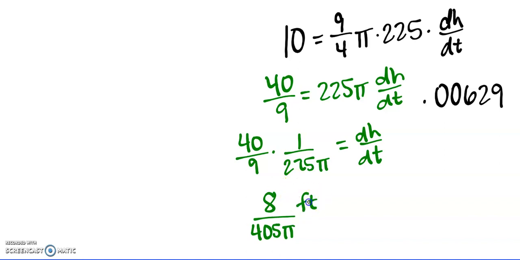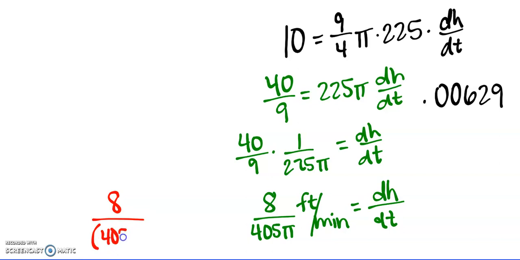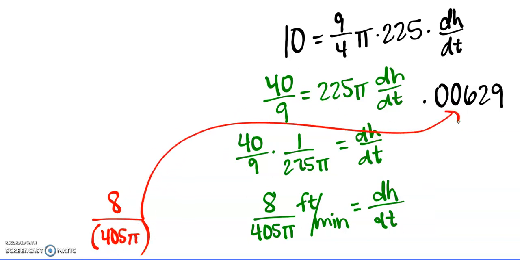This is going to be in feet per minute because we're talking about dh, and h would be measured in feet, dt, time is measured in minutes. If you were to put this in your calculator, you would need to type in 8 over 405 pi. And that's where I get that 0.00629 feet per minute.